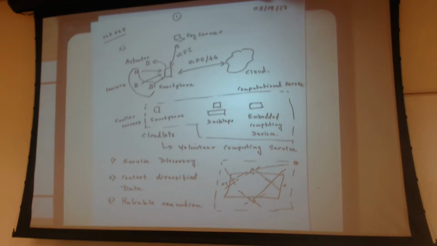Now you have to ensure reliable execution under such randomness. So which volunteer do you select? Volunteer selection is a very important optimization problem. It's a stochastic optimization problem.